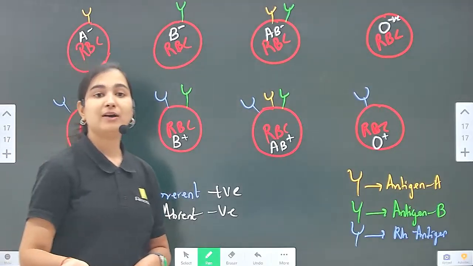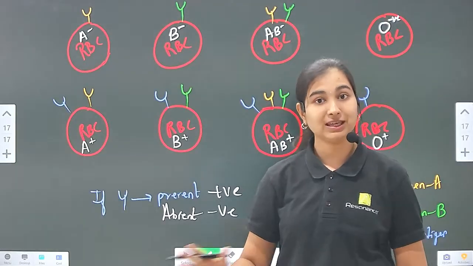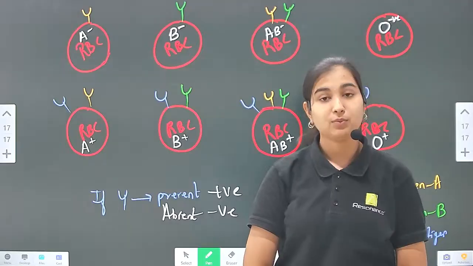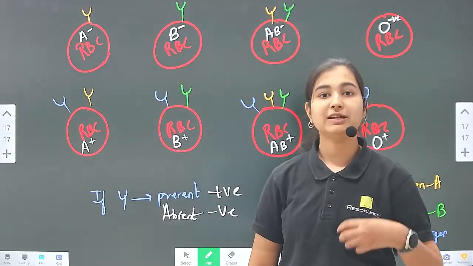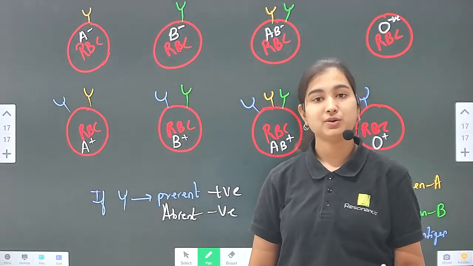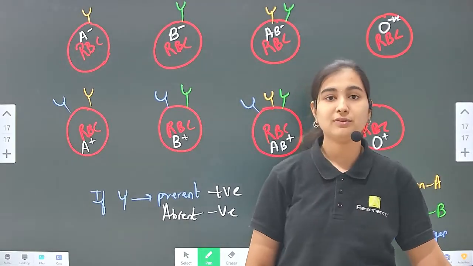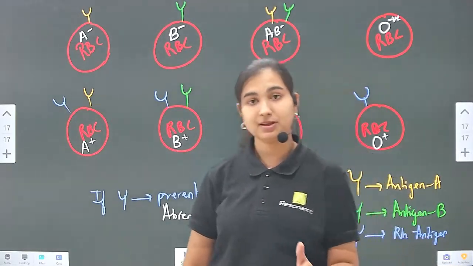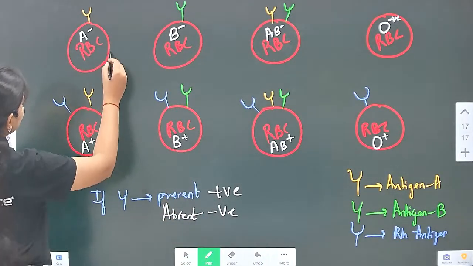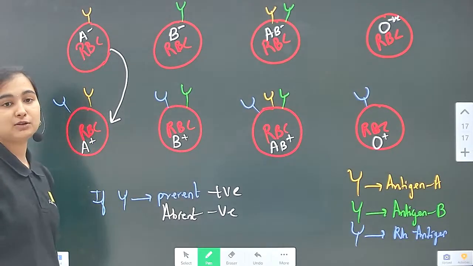Now, again you have one more major question, right? Ma'am, can an A positive donate blood to the A negative? And can A negative donate blood to the A positive? See, what did I tell you? Whenever an antigen enters the body, a foreign body, at that time it starts producing antibodies, right? This is a basic concept. For example, if a negative person is donating blood to a positive person, is there any RH antigen present on his cell surface?